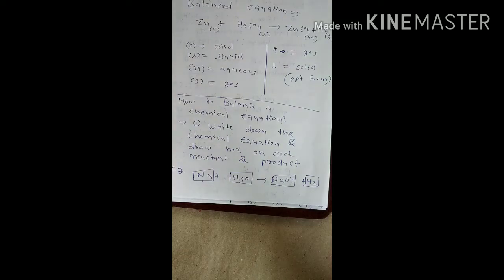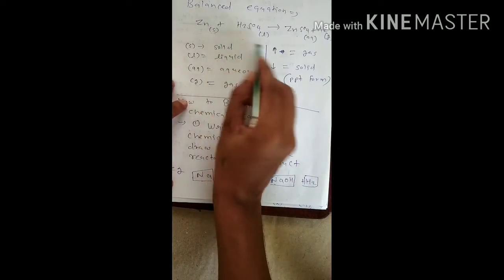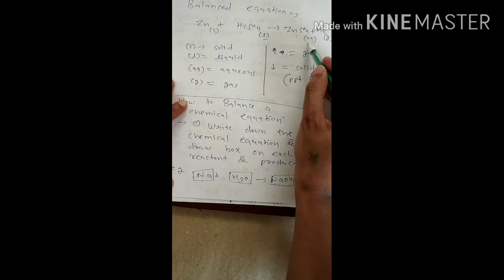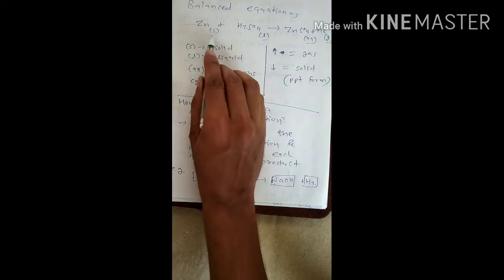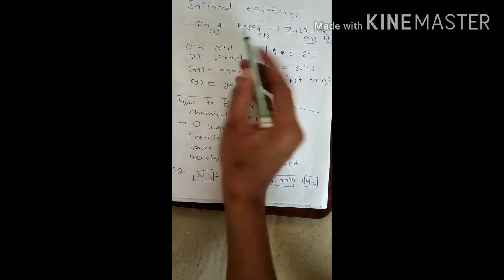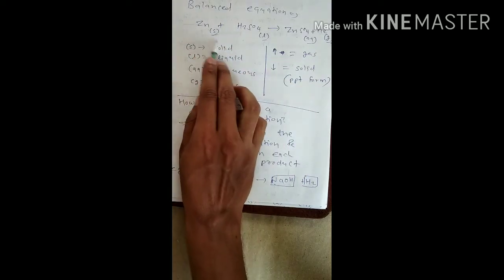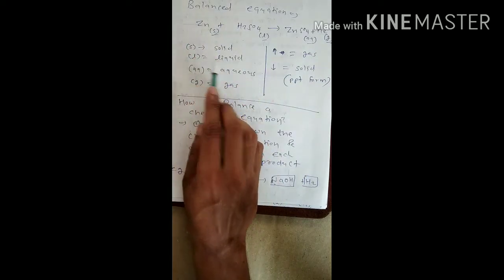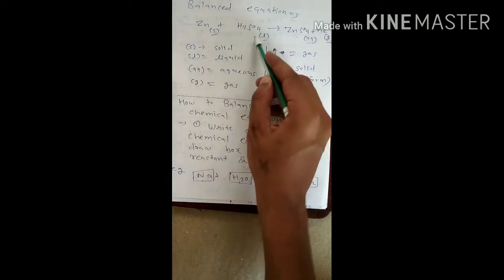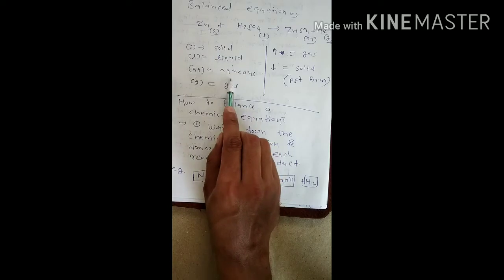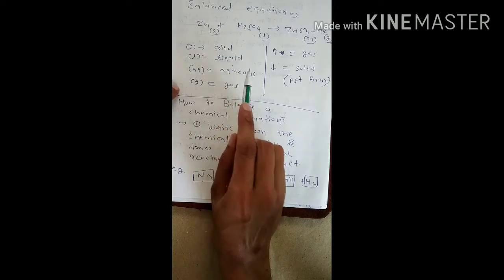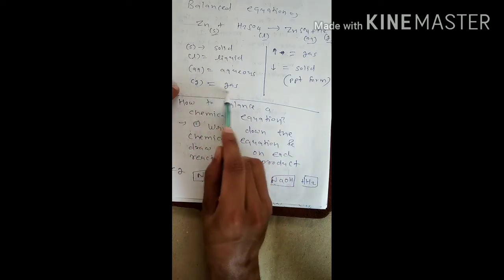Now a few terms are written here: small s, small l, aq, small g. What do these terms mean? Small s indicates solid physical state. Small l indicates liquid physical state. aq means aqueous solution, a solution in water. Small g means gas.